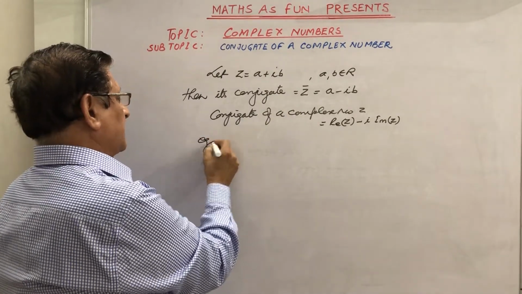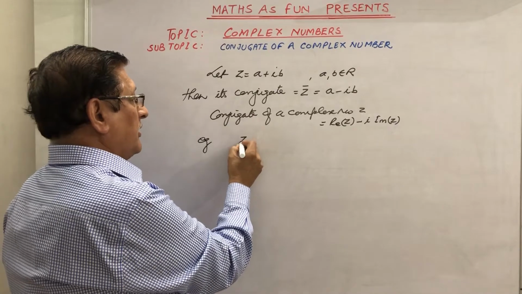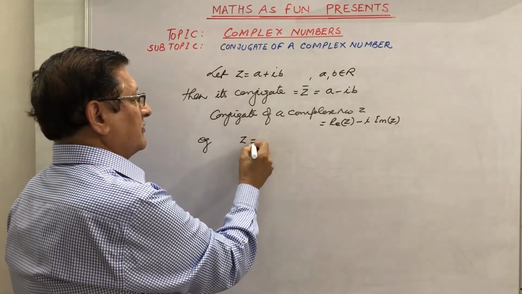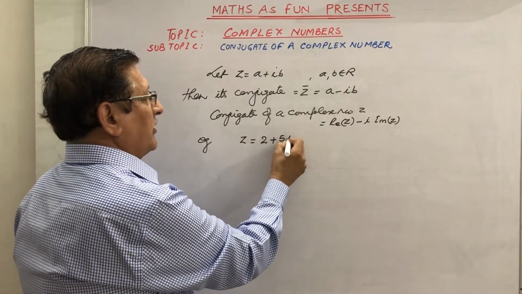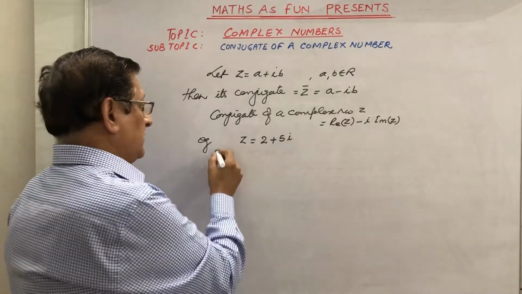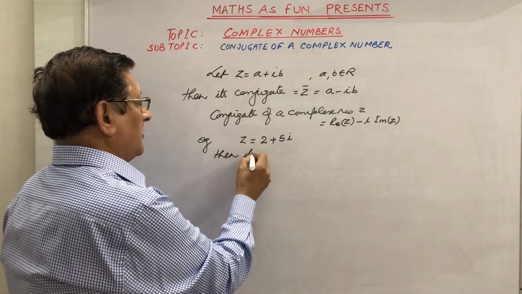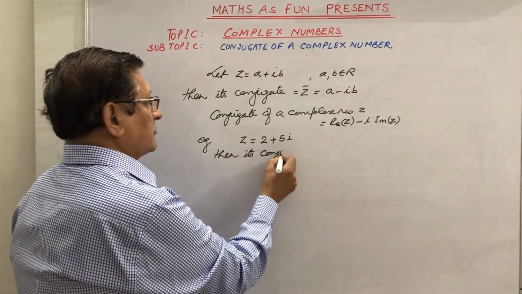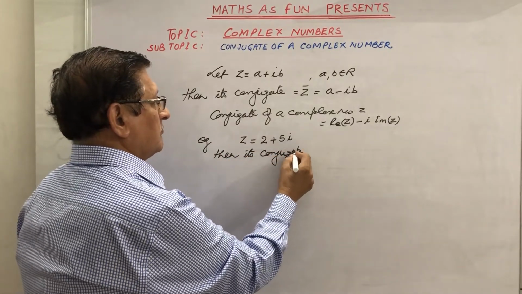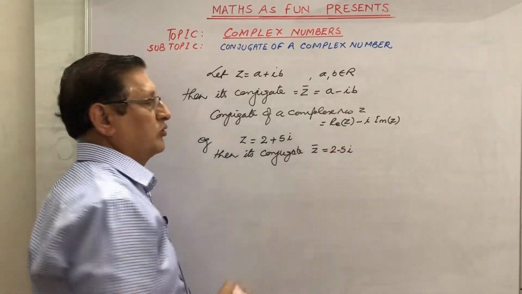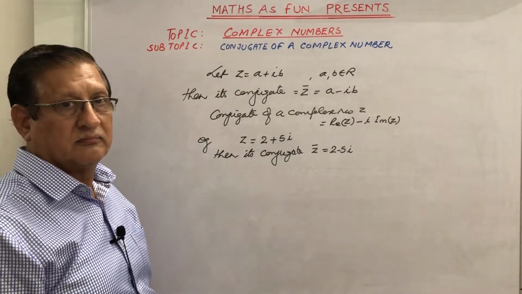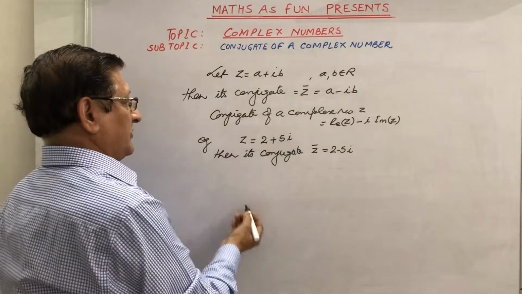For example, suppose we have a complex number z, that is 2 plus 5 iota. Then its conjugate z bar will be equal to 2 minus 5 iota. Let's take one more example.